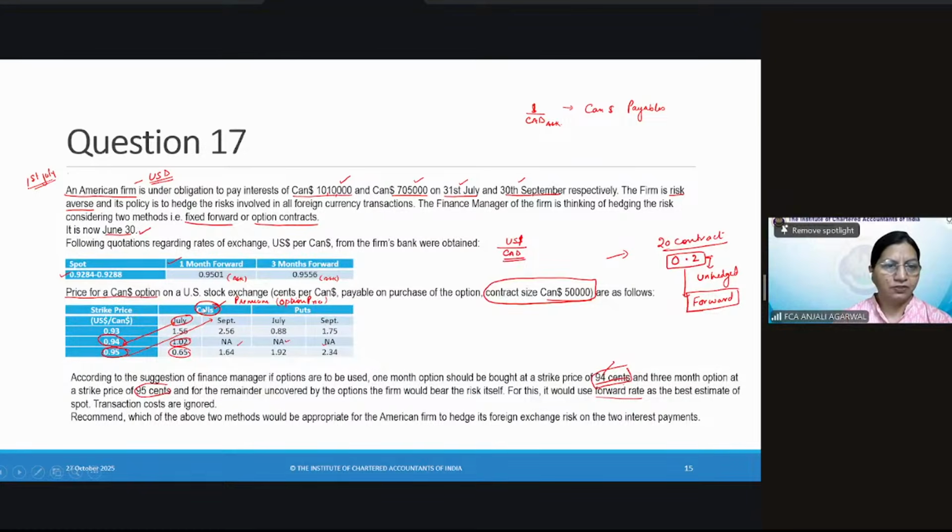For July, it is 1.02, and for September calls, it is 0.65. Okay, 1.64, sorry.